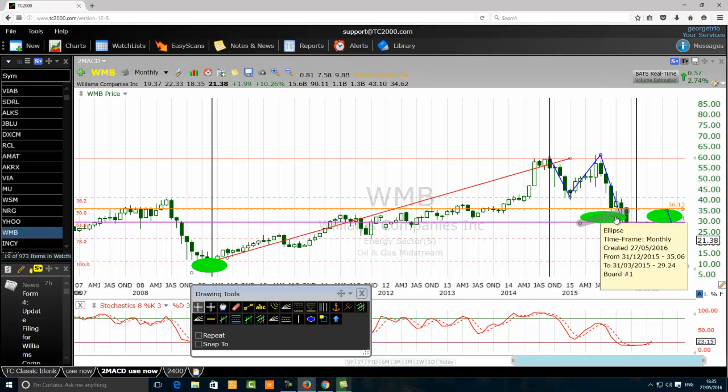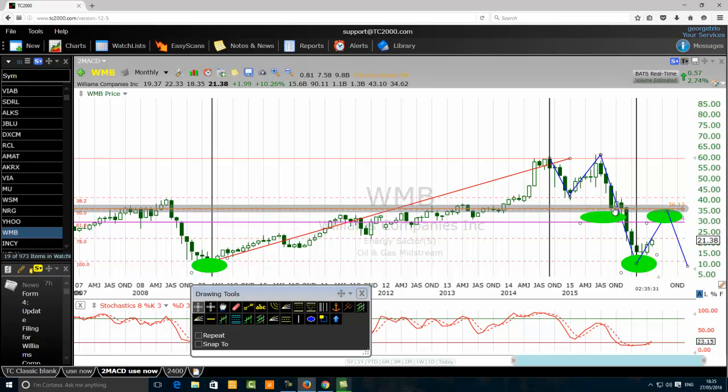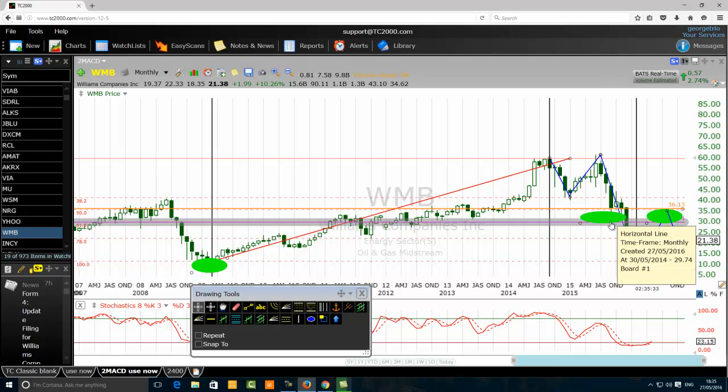A lot of orders are already placed here as the correction started. For one reason or another, those orders failed. The orders were filled, but the bearish traders managed to sell the stock beyond this zone. This zone between the 50% and the 61.8% is what we call the sweet spot Fibonacci trading zone.